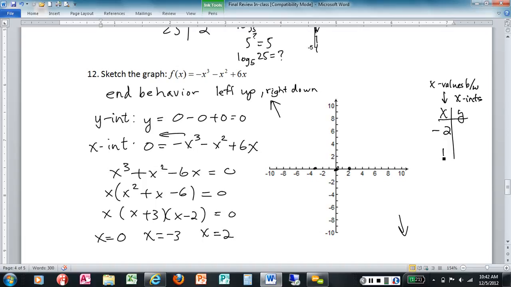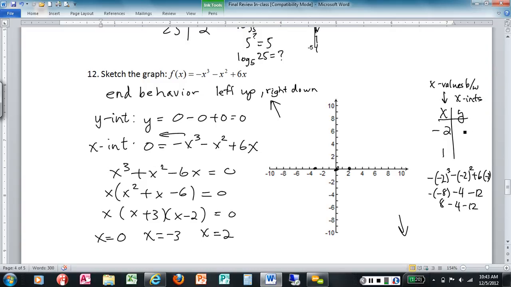So if x is negative 2, then I have negative 2 cubed minus negative 2 squared plus 6 times negative 2. So that's going to be negative 8 minus positive 4 minus 12. So that's negative 8 minus 4 minus 12. Hey, that's a negative 24, isn't it?